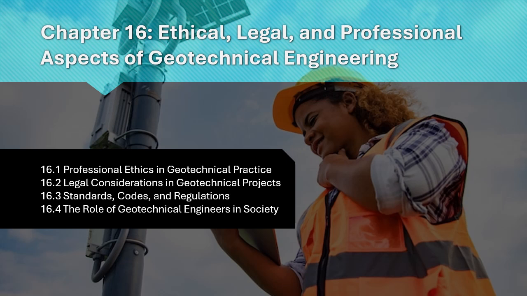Example, in the United States, the International Building Code, IBC, provides guidelines on how to design structures safely, including the assessment of foundation soil properties and seismic design considerations. Similarly, many countries have national standards, e.g., Eurocode in Europe, AS 1170 in Australia, that govern geotechnical practices.